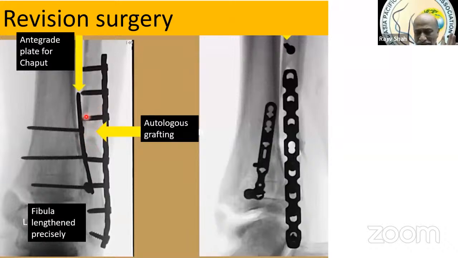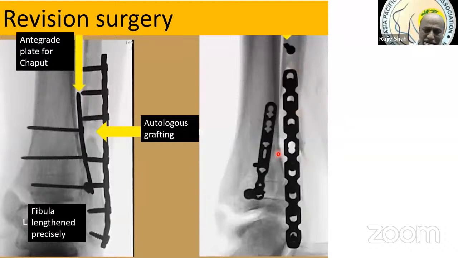We are going to discuss malunion of the ankle, but this is just one case. Someone was asking me about gaining length. If you want to gain length, you put screws into the distal fragment, put one screw outside the plate, and then put in your AO compression distraction assembly or a laminar spreader and distract.